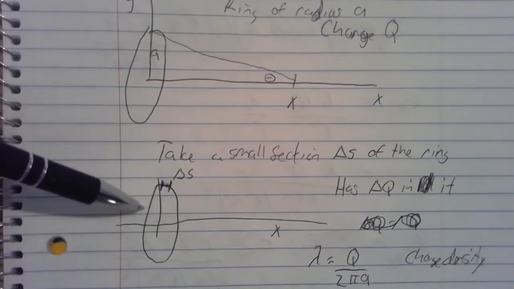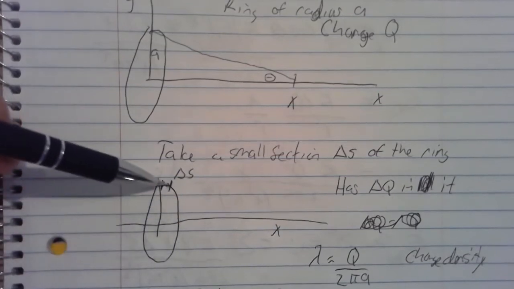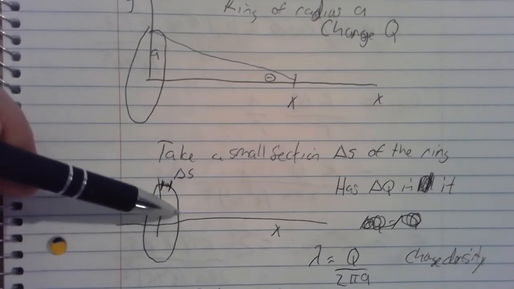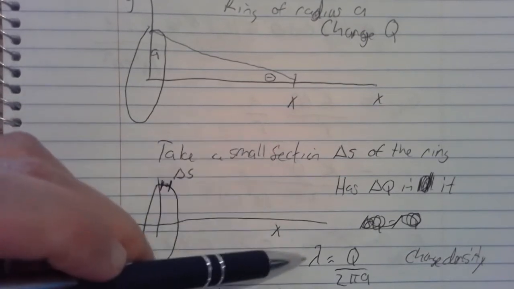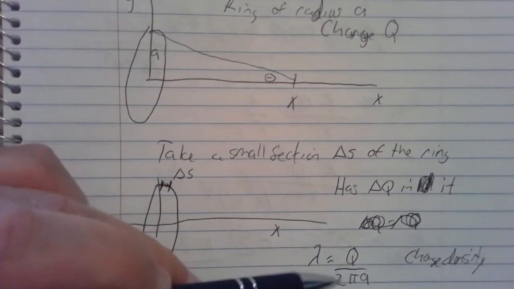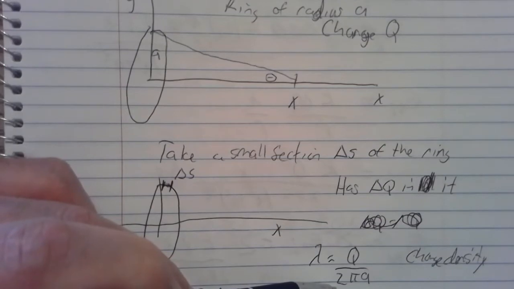Now my total charge, I've got Q all the way around. The total circumference is 2 pi A. So the charge density, the charge per unit length, is total charge divided by total length, Q over the circumference.